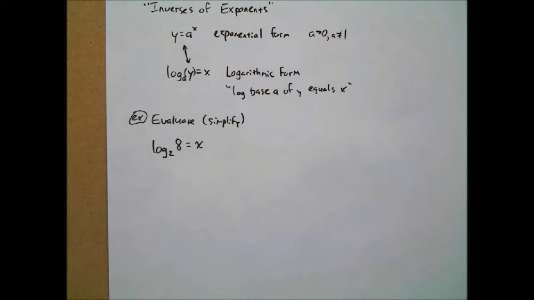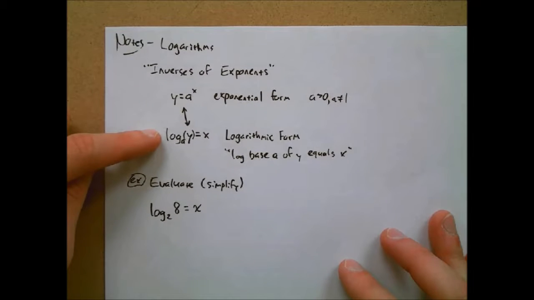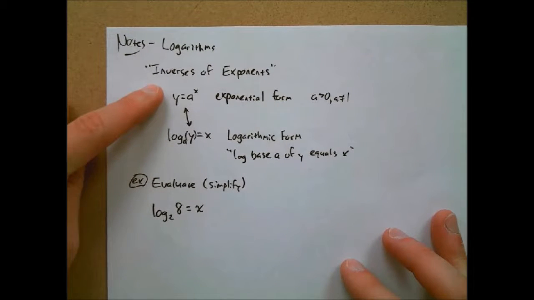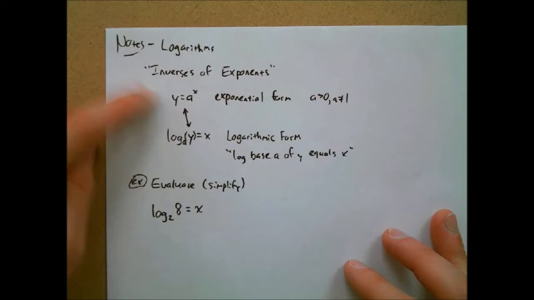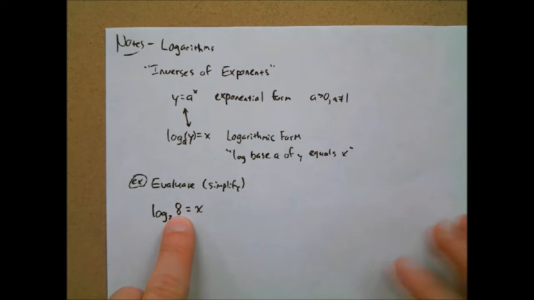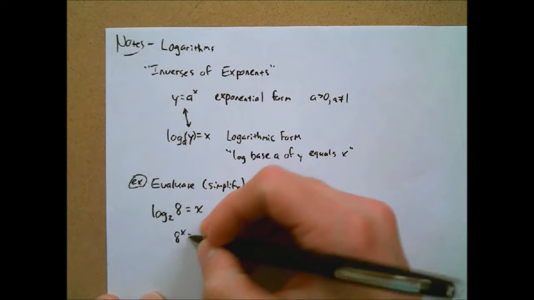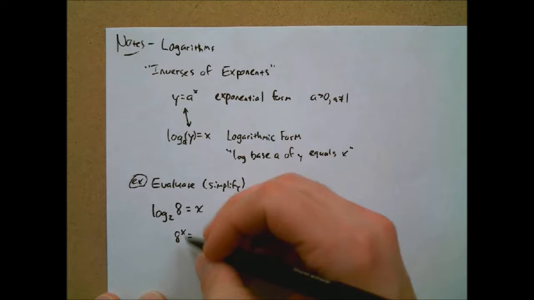Okay. You can rewrite this logarithm now in exponential form, right? So just use what we did right here. We have log base a of y equals x. That means we can rewrite it as y equals a to the x. So the y here, what's inside the logarithm, in other words, the 8, gets raised to the x over here. So 8 to the x equals, wait a minute, I did this backwards, sorry.